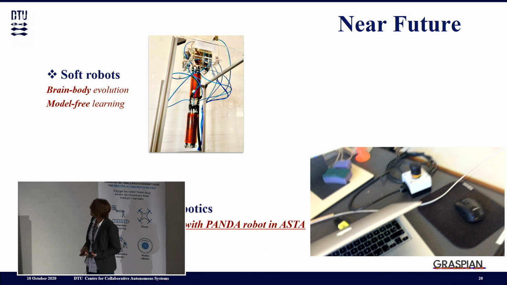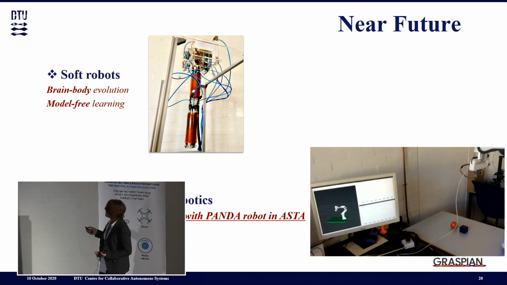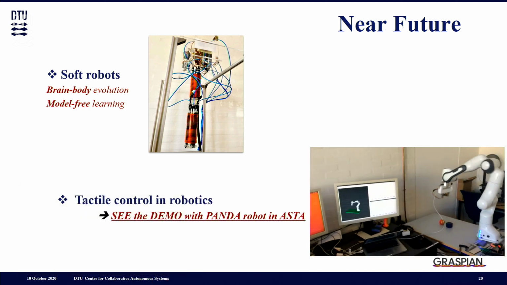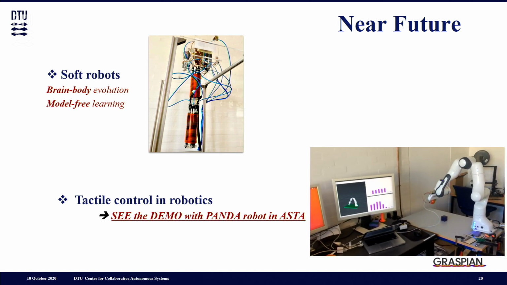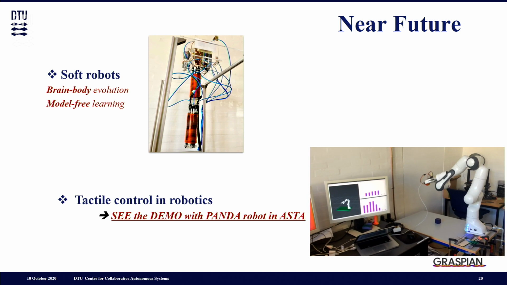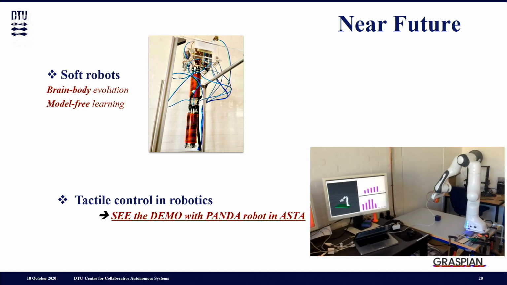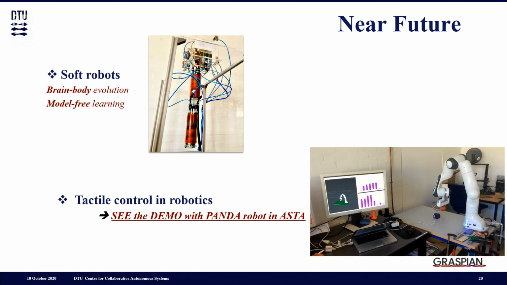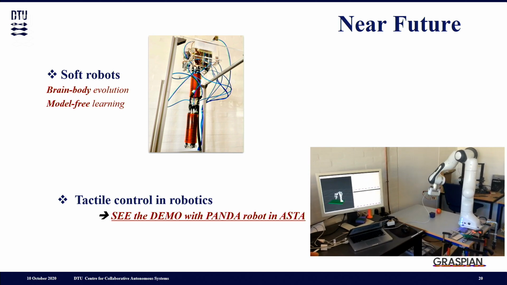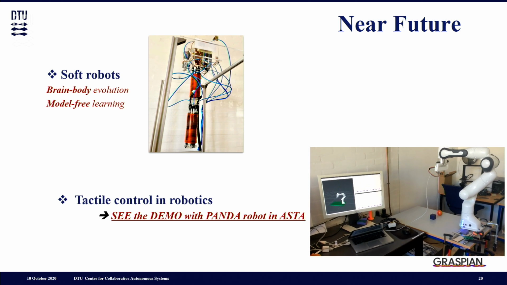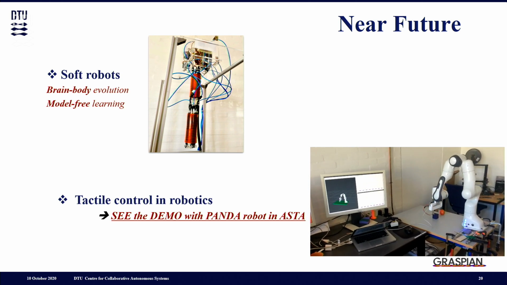And we have also been investigating tactile sensing for robotic grippers. I hope you saw the demo in ASTA before. And together with Graspian, the company, we have integrated their resistive sensor into a processing communication interface and a control loop.